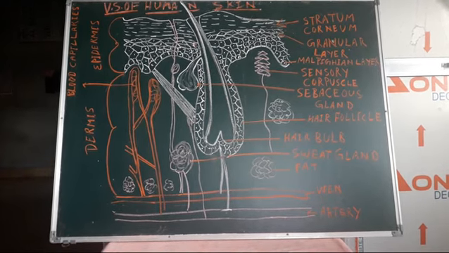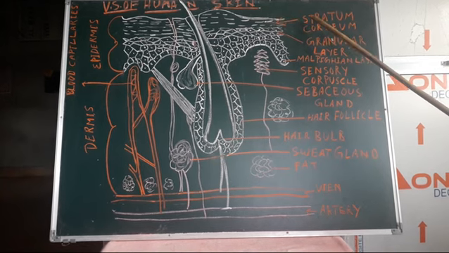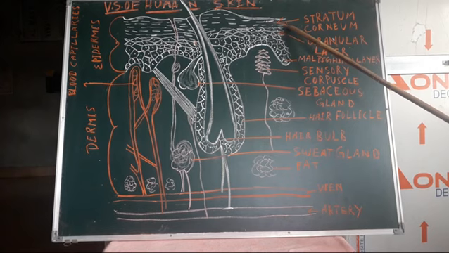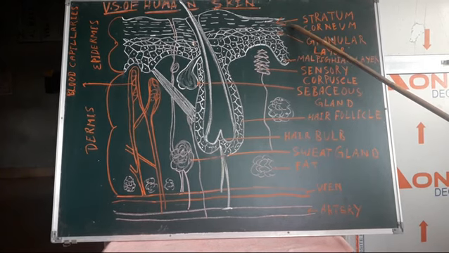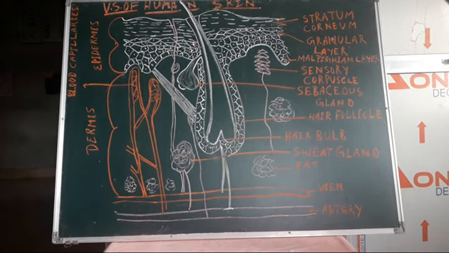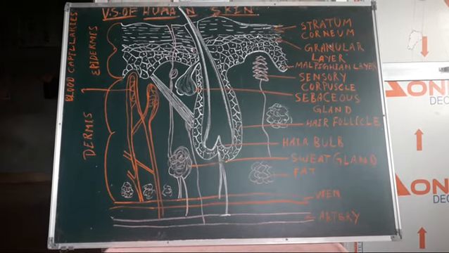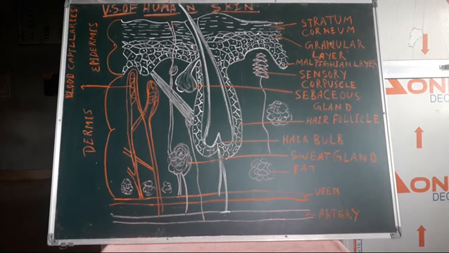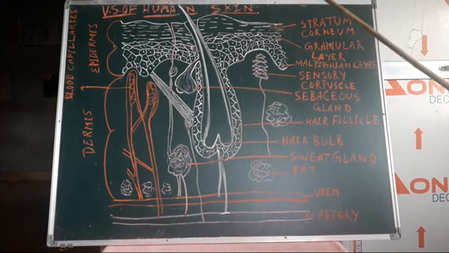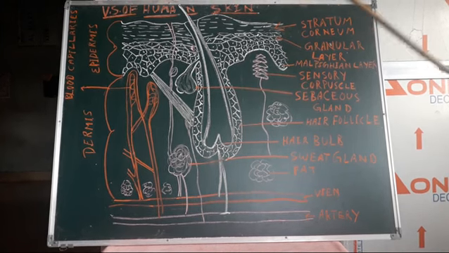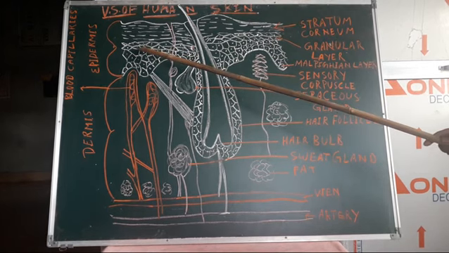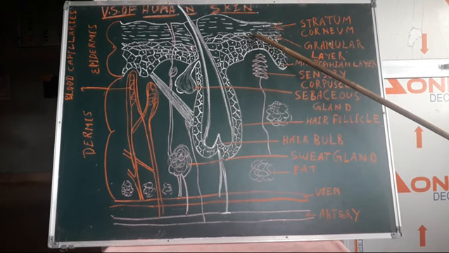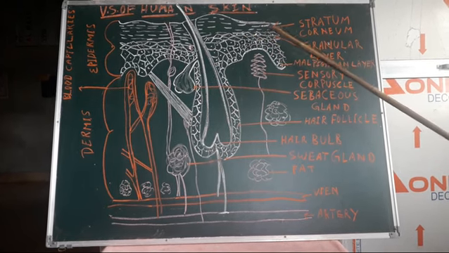So please remember the functions of the stratum corneum. First is protection from mechanical shock or damage. Second is protection from bacterial infection. And third is protection from loss of water by evaporation. The second layer is made up of one, two or three layers.